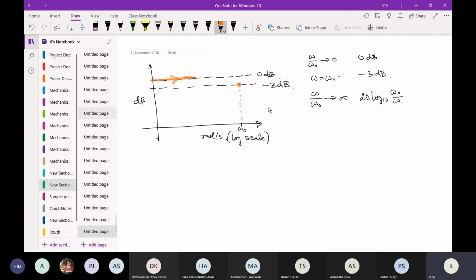What do I also know? That I have a line which will show up. What is this line?